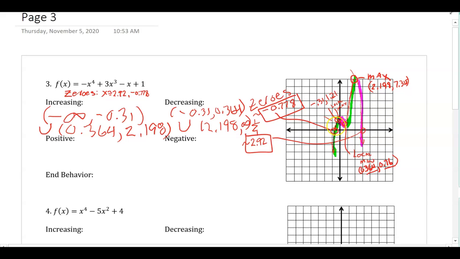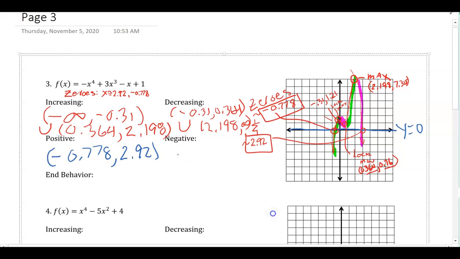It is positive above the x-axis, or y equals 0, the x-axis. So it is positive from my 0 at negative 0.778. It stays positive until my other 0 at approximately 2.92.